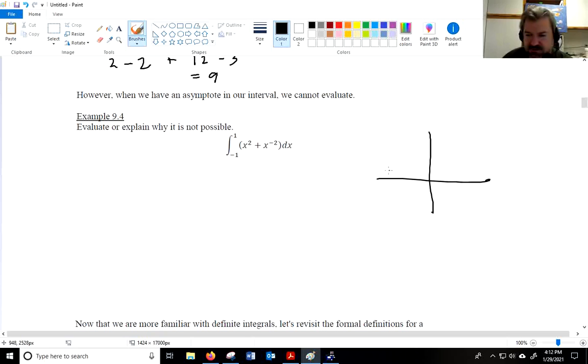So this graph looks something like this, and this goes up forever. We cannot find what that area would be, because the closer you get to 0, the higher up you go, and the more area you have. So we're going to say that no, we're not going to do that one.